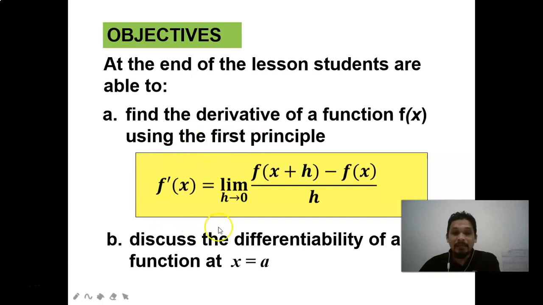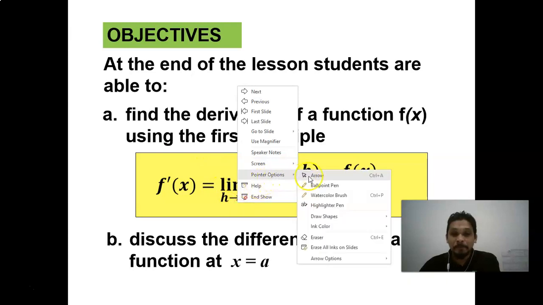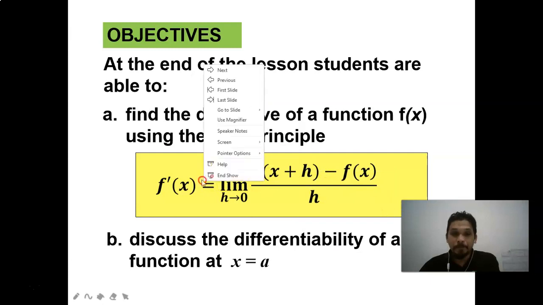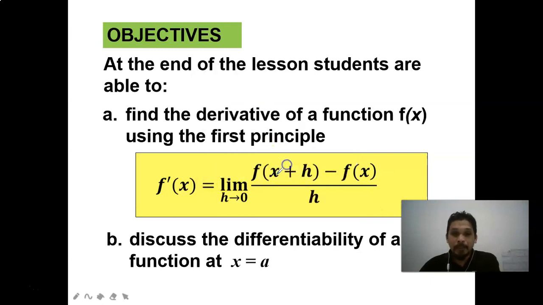Okay, differentiation using the first principle. Discuss differentiability of a function at x equal to a.